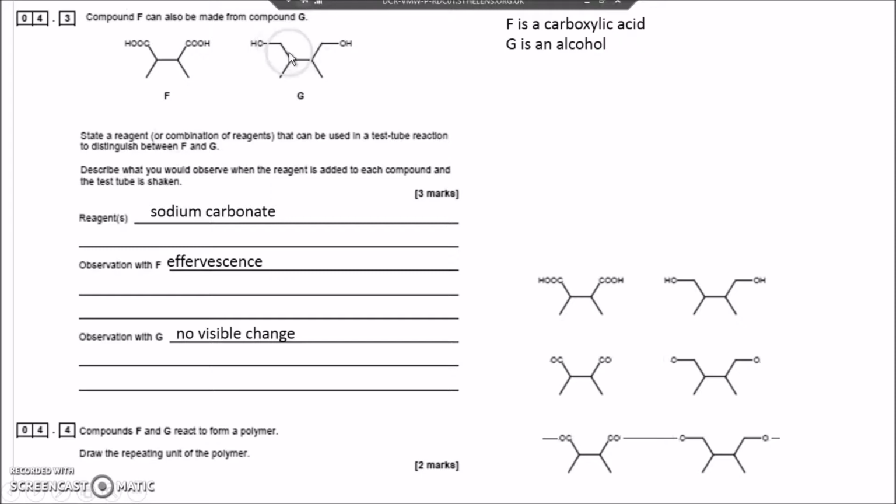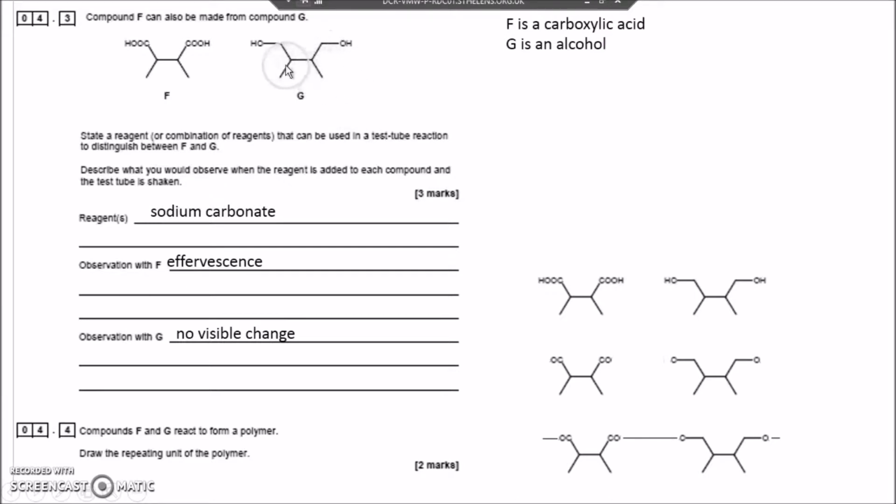I've got 1, 2, 3, 4 carbons, 5 carbons, that's a methyl group, 6 carbons. How many H's? 3 on there is 6. That carbon's got 3 bonds, so there must be 1 on there, 7. 1 on there, 8. That carbon's got 2 bonds, there must be 2 on there, 10, 11, 12, 13, 14 H's.